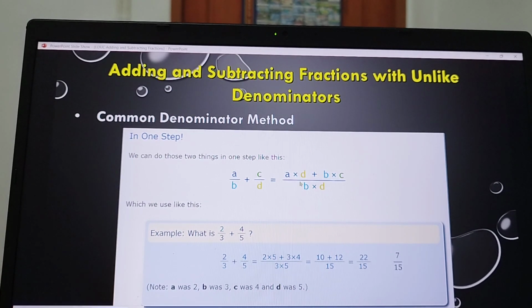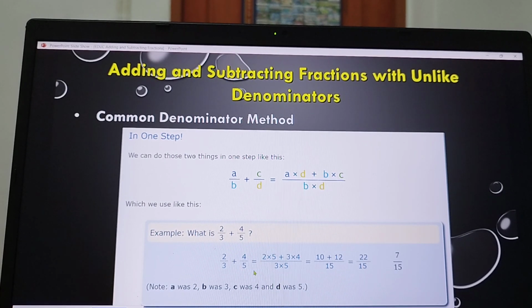The same method right here. 2 times 5, 4 times 3, then 3 times 5 for the denominator. So 2 times 5, 10, plus 3 times 4, 12, over 3 times 5, 15. Now you can add the numerators. 10 plus 12 equals 22 over 15.